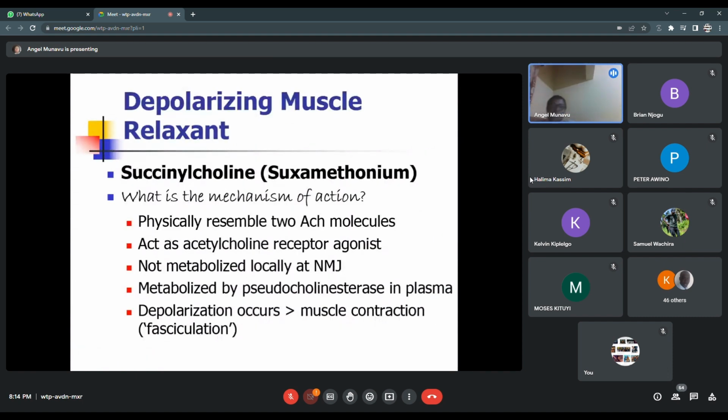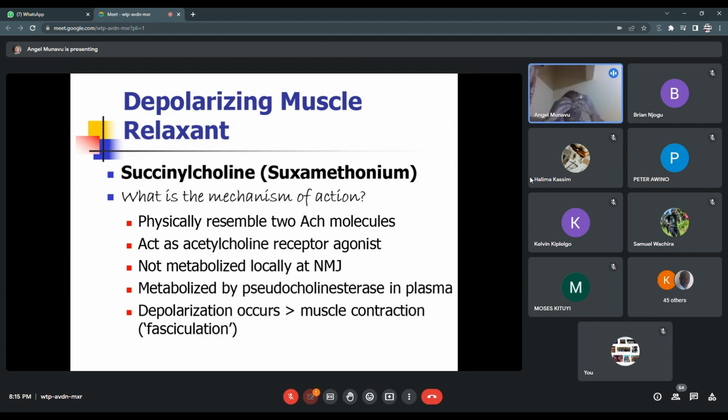Let's look at the depolarizing muscle relaxant, which is succinylcholine or suxamethonium. And so we ask ourselves, how does it work? What is the mechanism of action of suxamethonium? We say that this depolarizing muscle relaxant physically resembles two molecules of acetylcholine.